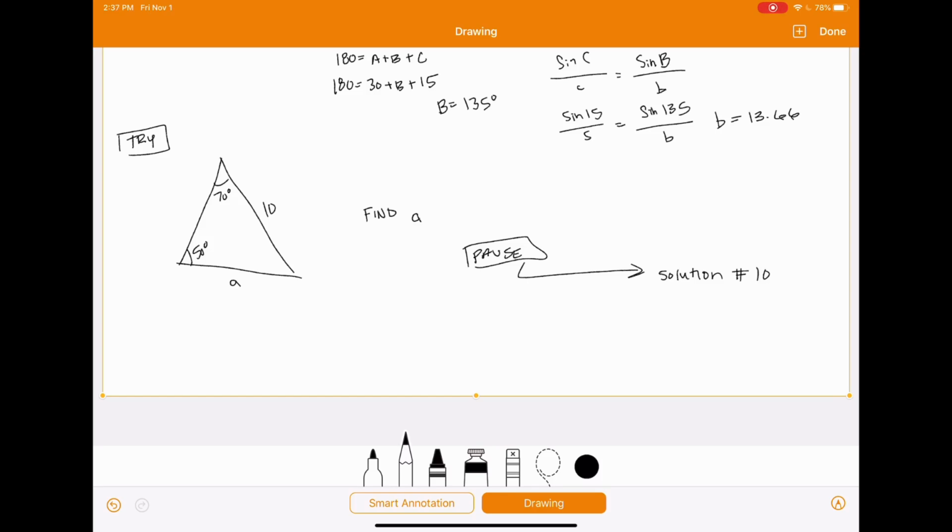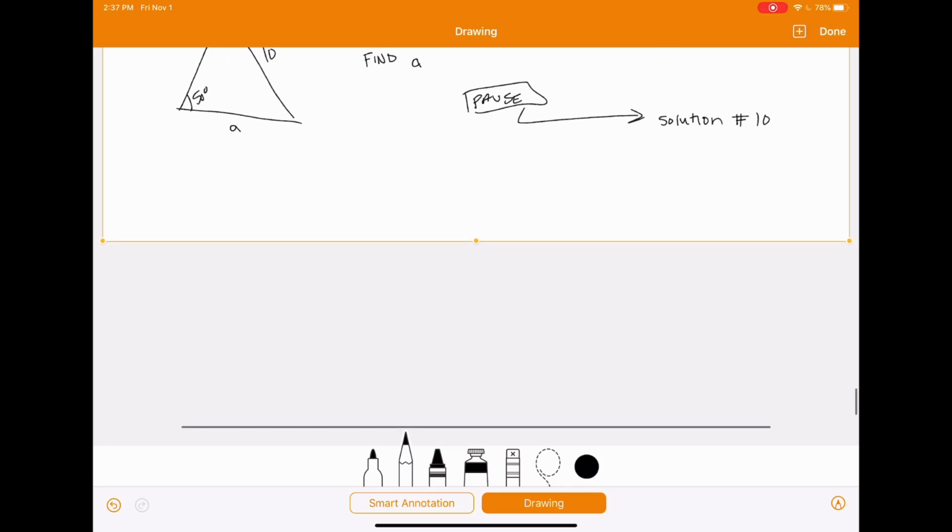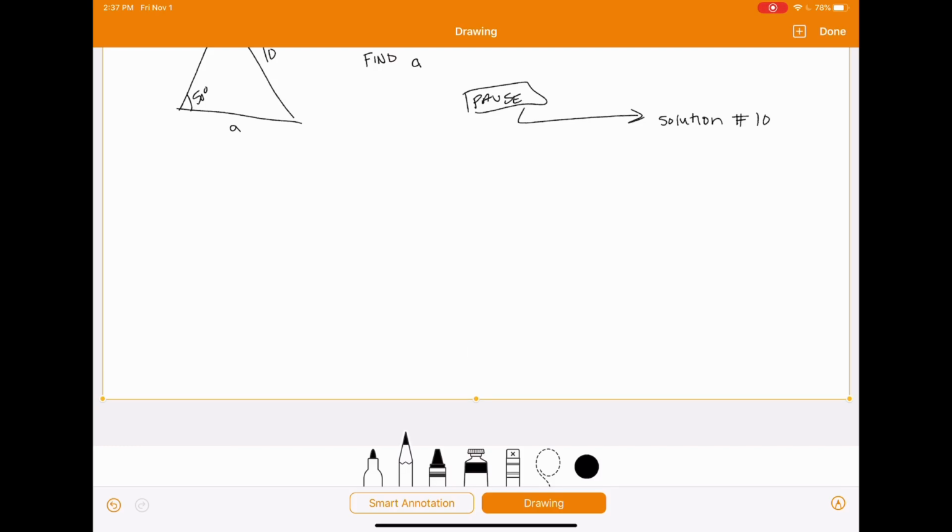Now, one thing I want to point out is when you're given a triangle, it's sometimes hard to recognize if you should use the law of cosines or the law of sines. So let's point out that the law of cosines is helpful when you know two sides and one angle.